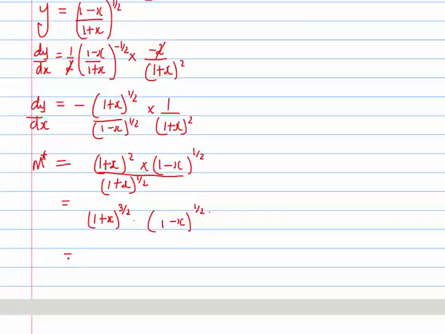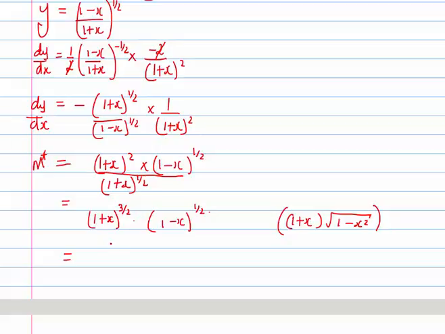This now becomes, right, because it's a tricky question. It's a show question, so that means we are required to show that the gradient of that normal is 1 plus x multiplied by the square root of 1 minus x squared. So we have to do a bit of juggling here.